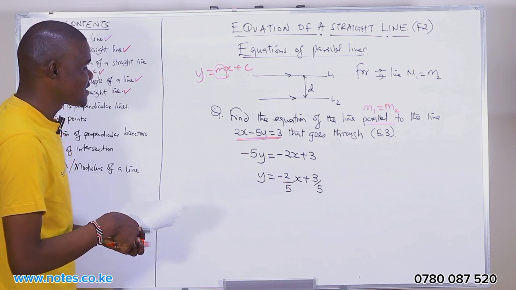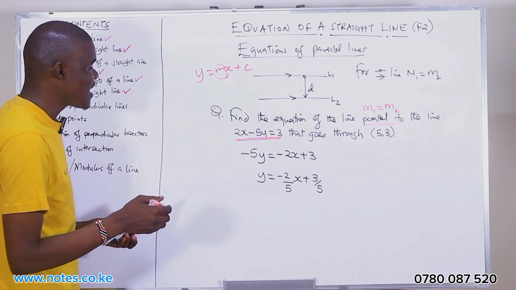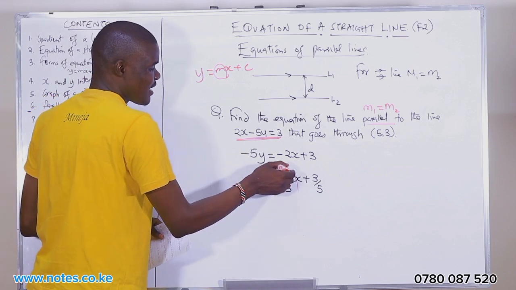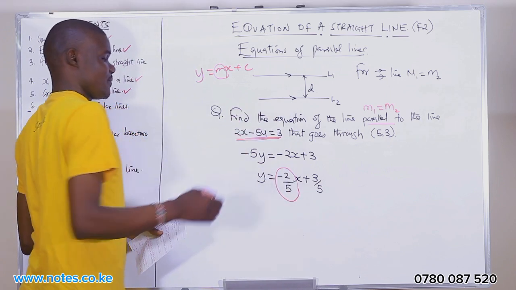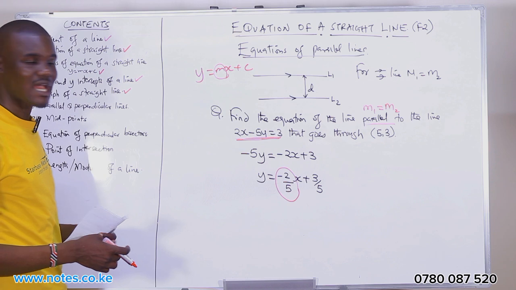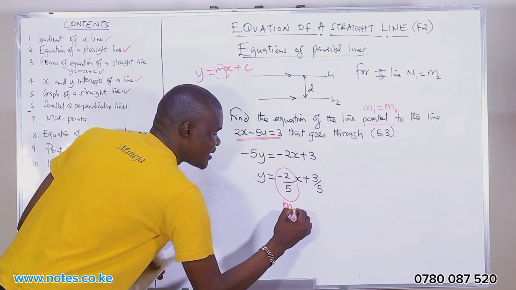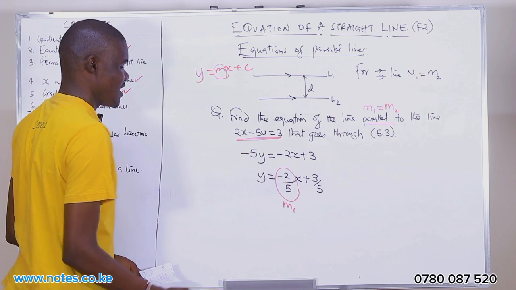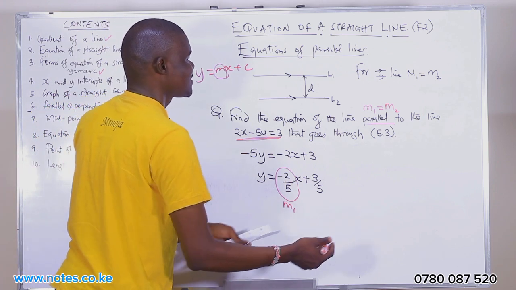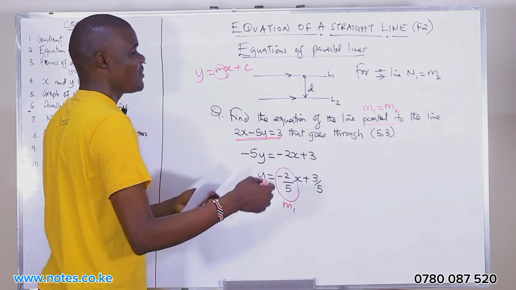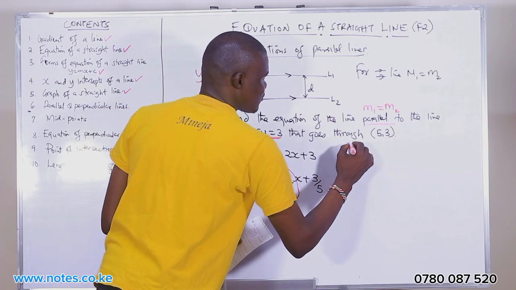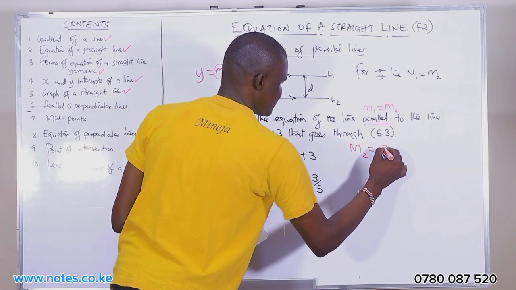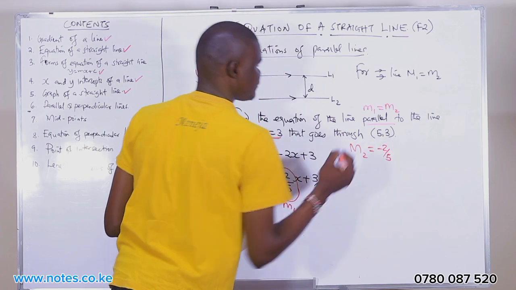So clearly you can see, by writing it in the form of y is equal to mx plus c, you clearly identify the gradient. And we call this M1. And then for you to get M2, you just say, for parallel lines, M1 is equal to M2. Therefore, our M2 for the other line we are talking about will also be negative 2 over 5.